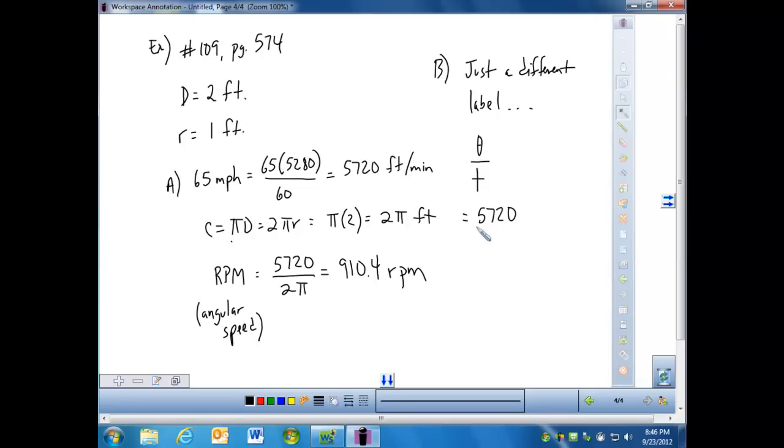So what you could do is just multiply the 910.4 by 2 pi, or realize that we had this answer already earlier. 5,720 radians per minute. It was actually in feet per minute earlier, but because the radius of the circle is 1 foot, the feet per minute and the radians per minute are exactly the same. It won't always work out that way, but it does if the radius of the circle is 1.